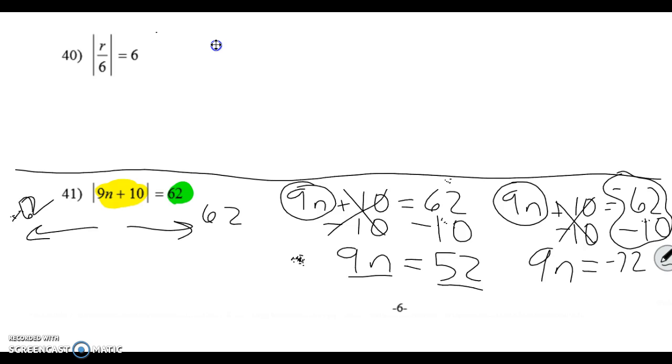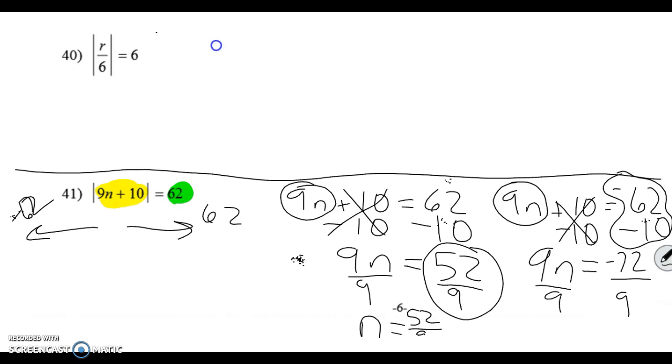And of course, you know that 9n means 9 times n. And how do we undo times 9? Divide by 9, all the way across. Sweet, right? Then we're going to leave this as an improper fraction, 52 over 9, for now.